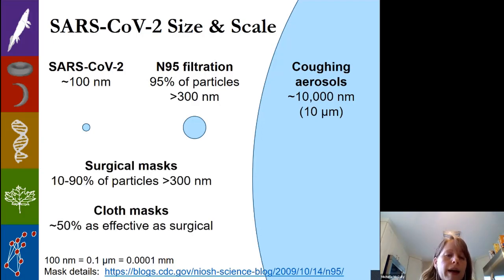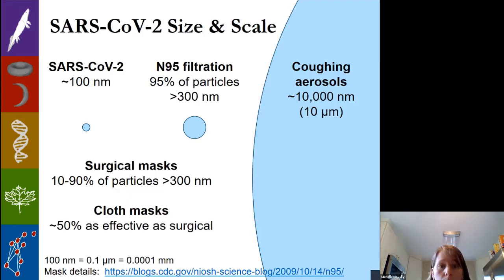So surgical masks now are super variable, which is why they're not considered to be protective against the virus. They're really only going to stop the biggest aerosolized droplets. And then cloth masks, again, all the information I could find on these was that they are about half as effective as surgical masks.